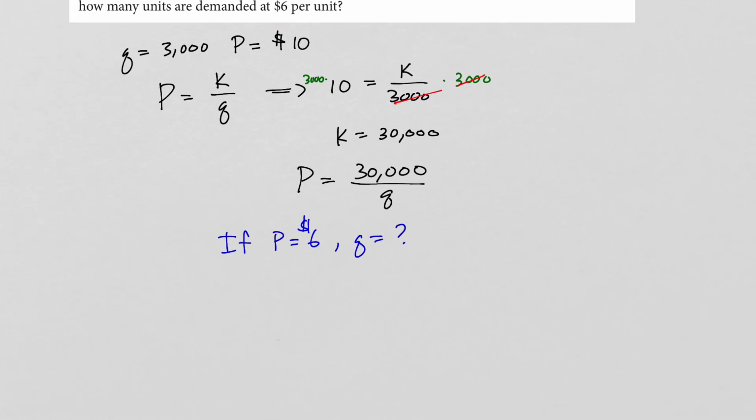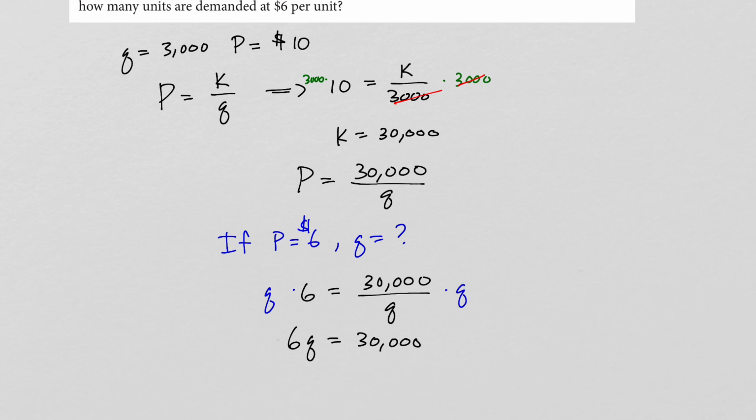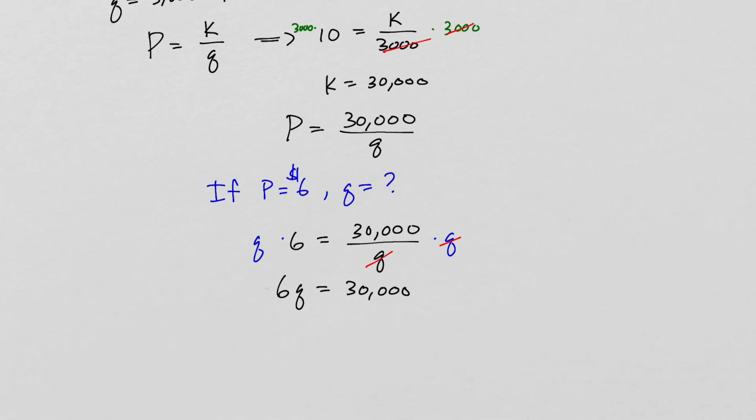So all I need to do is plug in P equals $6, and then I can solve for Q by multiplying both sides by Q, which gives us 6Q is equal to 30,000. See the Q's here cancel out. And then we can solve for Q by dividing both sides by 6. And Q is equal to 30,000 divided by 6, which is 5,000.